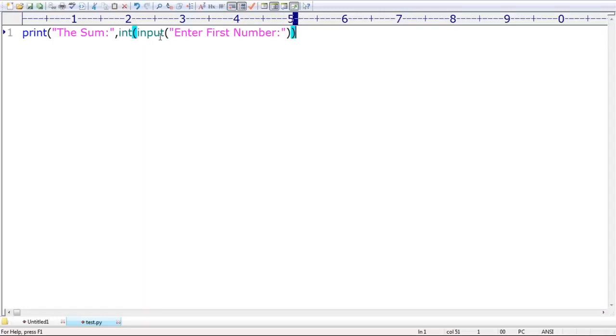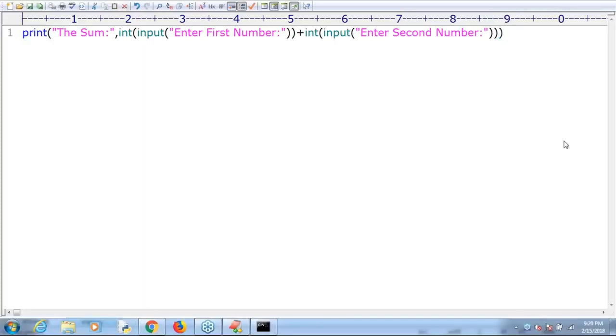So the first int value I got. Plus, int of input of "enter second number", bracket close. Observe carefully: this total thing is one line only.